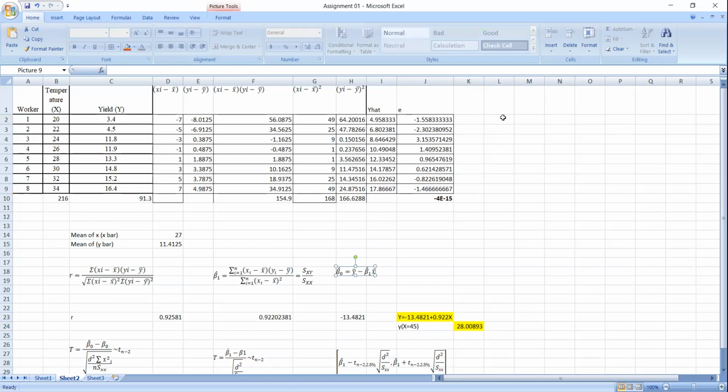When we start with beta 1, the hypothesis we can write down is whether beta 1 is equal to 0 and beta 1 is not equal to 0. The hypothesis first you have to write down. So I write the hypothesis first.